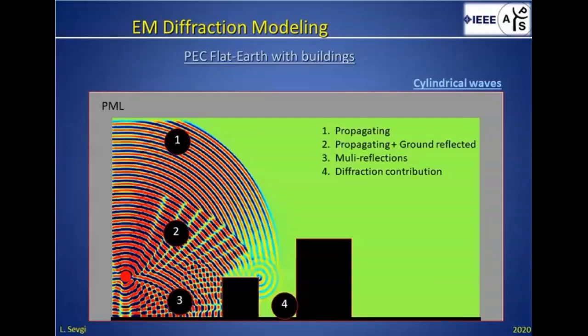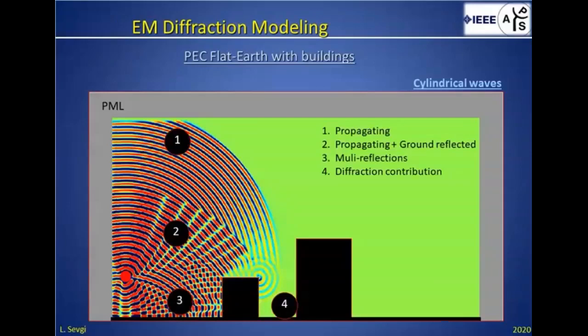So this is a screen capture from a simple two-dimensional FDTD space. The red circle on the left bottom is the source location. The source is a continuous wave source, which means a single frequency source.